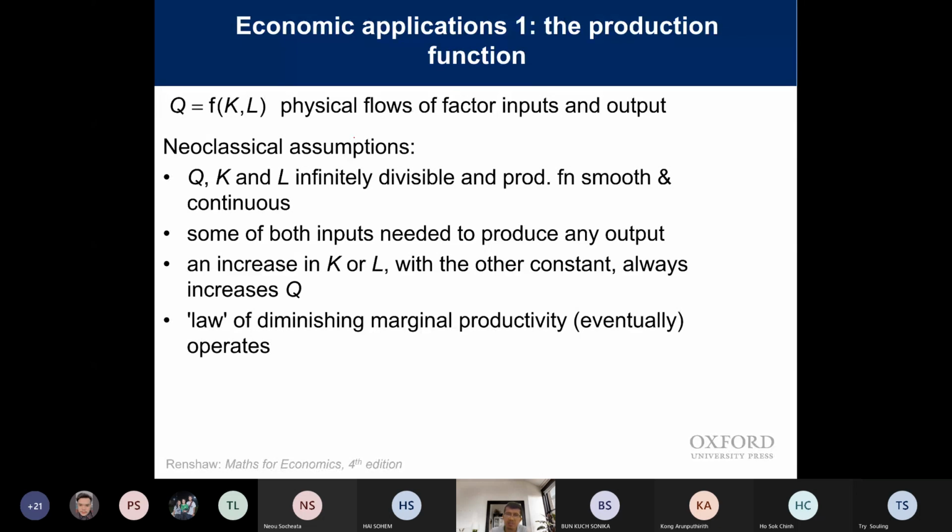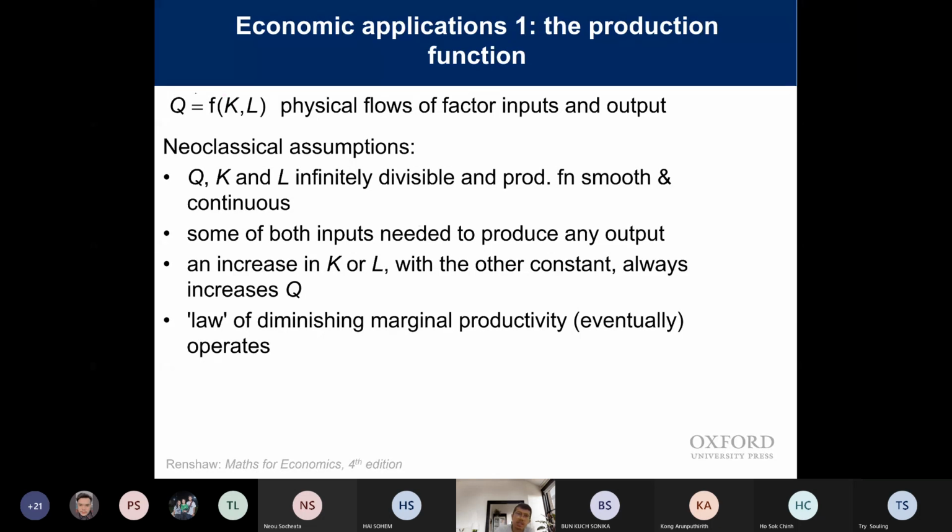So in other words, for the production function, we assume that the production level just depends on two main inputs, the capital input and the labor input.